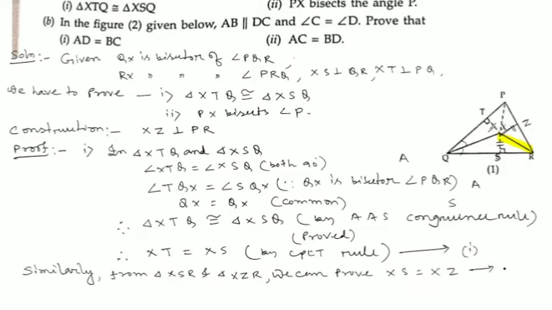We put it number 2. Now from 1 and 2, what we get? XT is equal to XS and XS is equal to XZ. Therefore, XT is equal to XZ from 1 and 2.